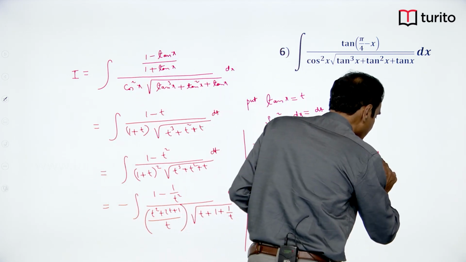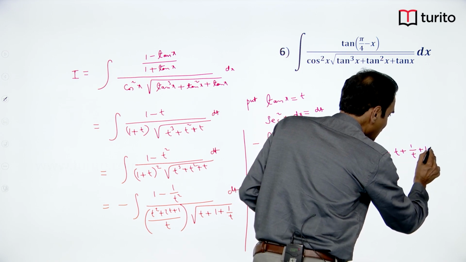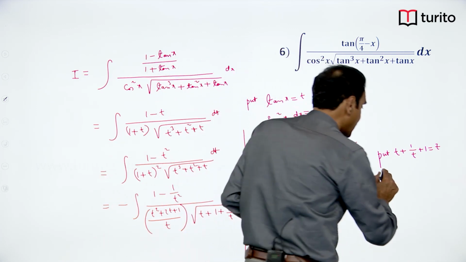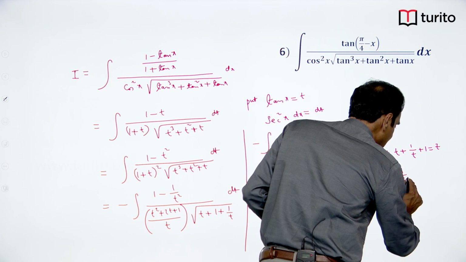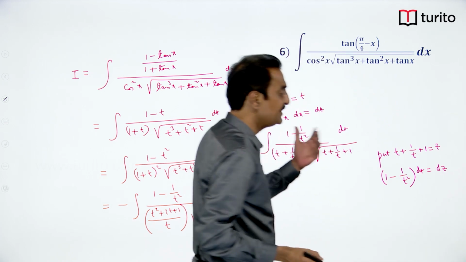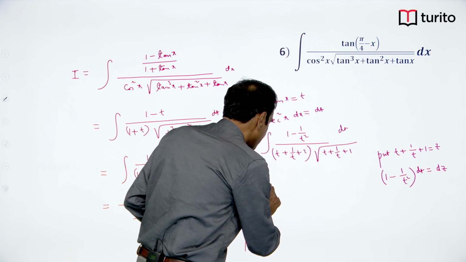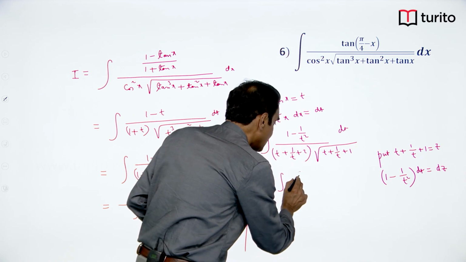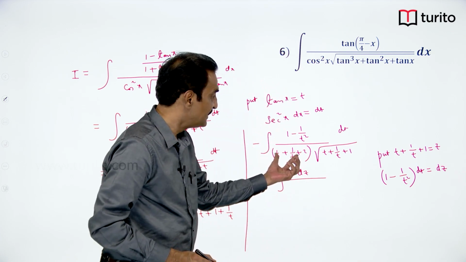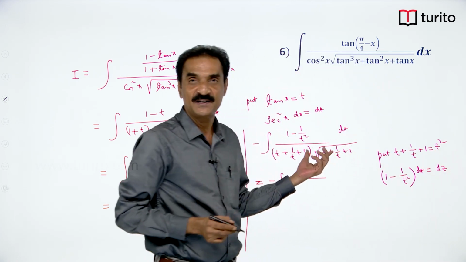So put t plus 1 by t plus 1 is equal to z. Differentiating on both sides, we get 1 minus 1 by t square dt is equal to dz. Now this will be minus dz by, we have to substitute z square now to make it rational.